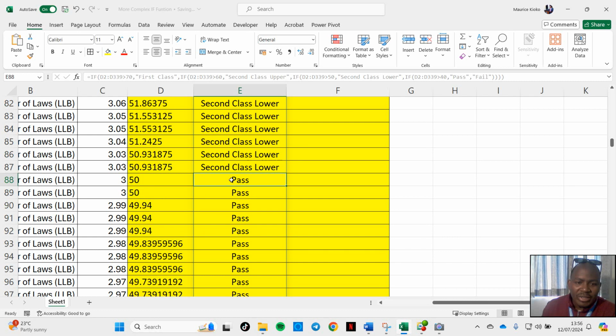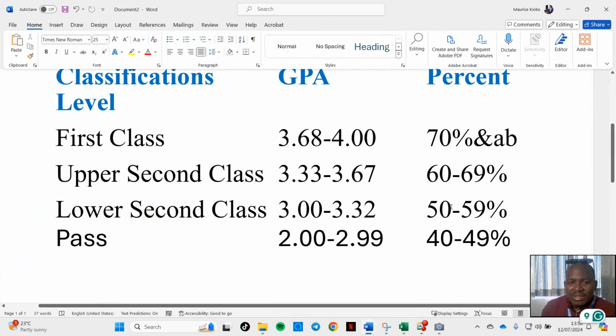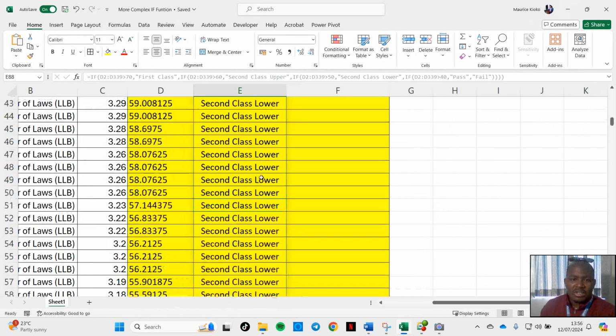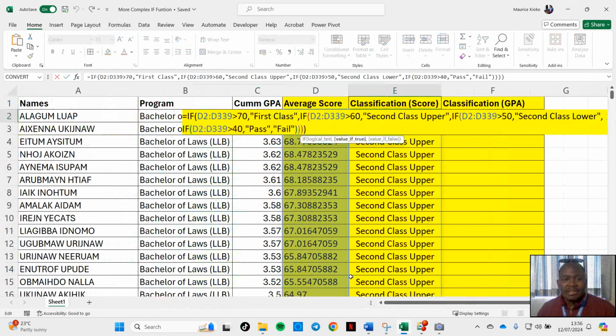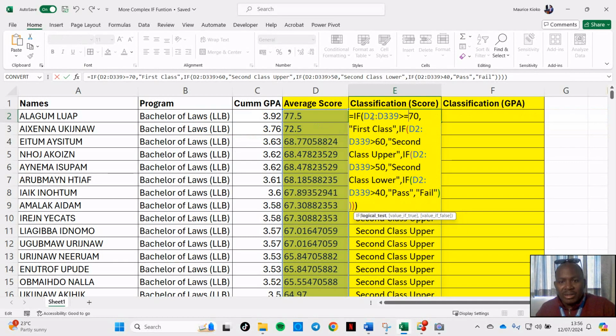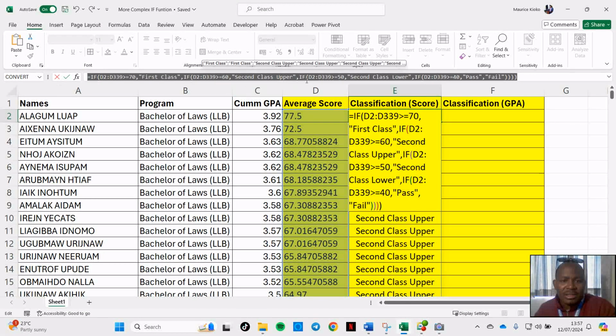You can see 50 is saying pass, but on our scale 50 is second class lower. So we have to work with the upper limit. So we can say bigger than or equal to, we put equal signs. You can see the function is still there.